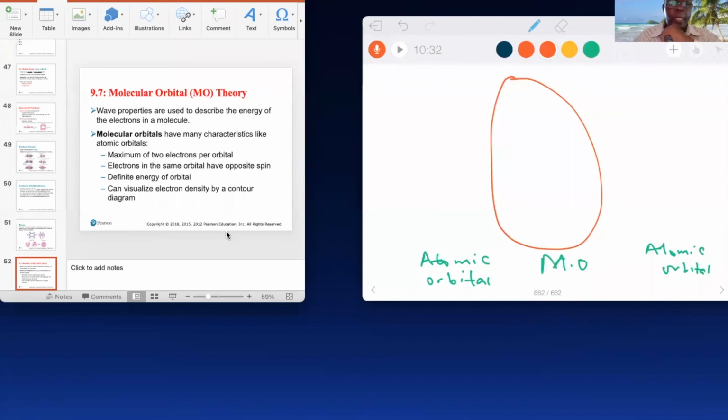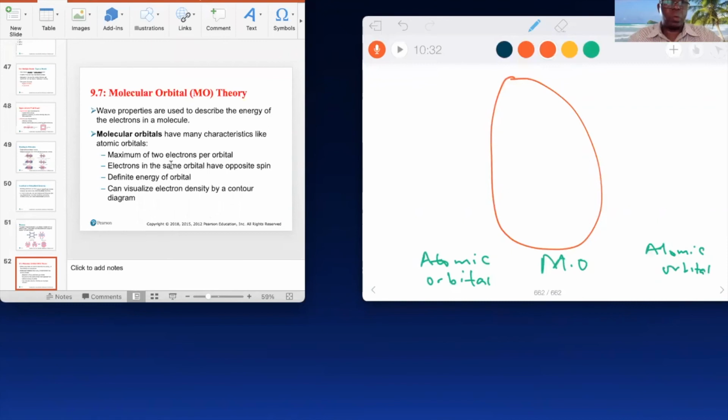Just like the way we did in the electron configuration of atoms, we will use up and down arrows to indicate the electrons. And how are they arranged in the molecular orbitals?